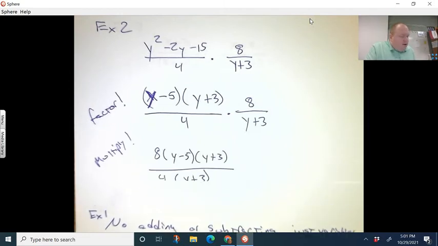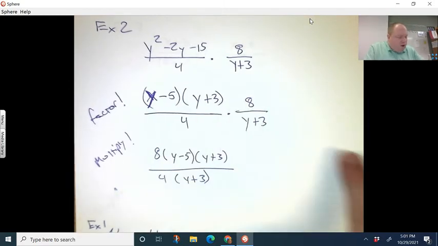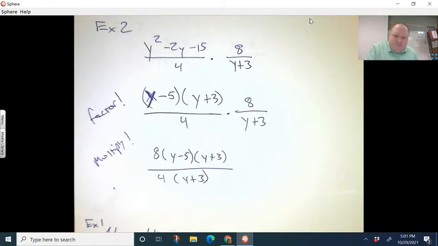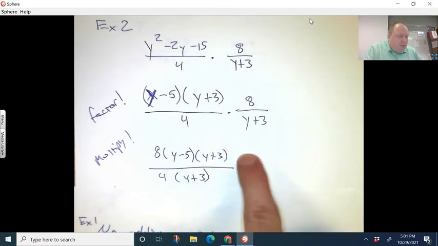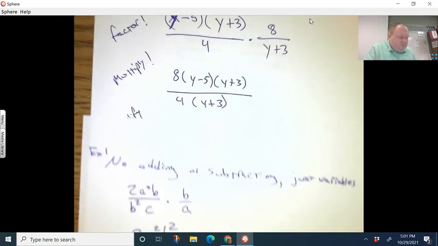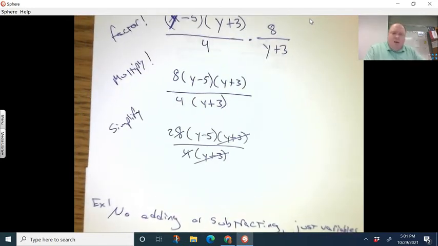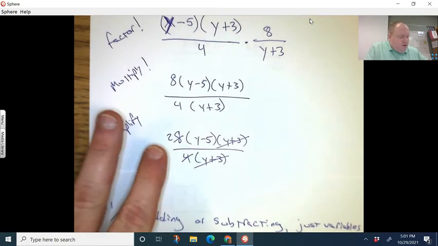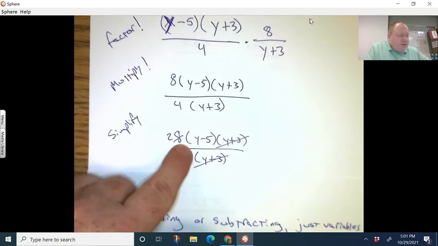So here, I've multiplied straight across. I've rearranged things a little bit. But I've noticed that there's a y plus 3 on top and a y plus 3 on the bottom. That lets me cancel. Also, 4 goes into 8 2 times.